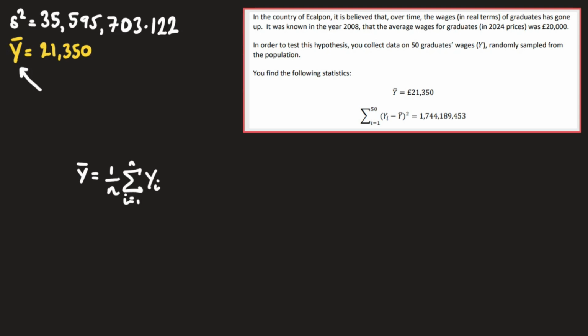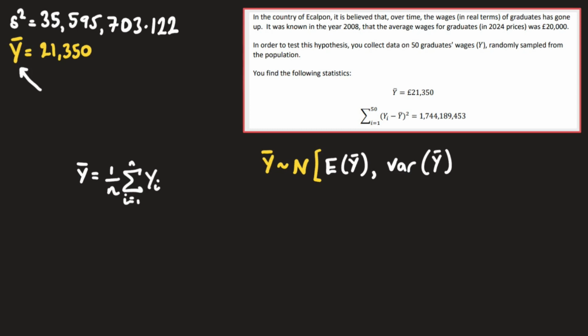Now, by the central limit theorem, we know that provided there is a large enough sample, so that's more than about 30 to 50 observations, the sample mean will be approximately normally distributed, centered on the expectation of that sample mean, with variance equal to the variance of the sample mean.